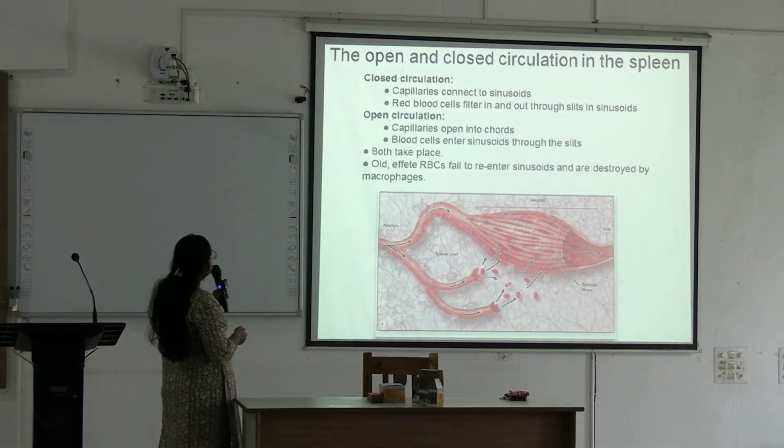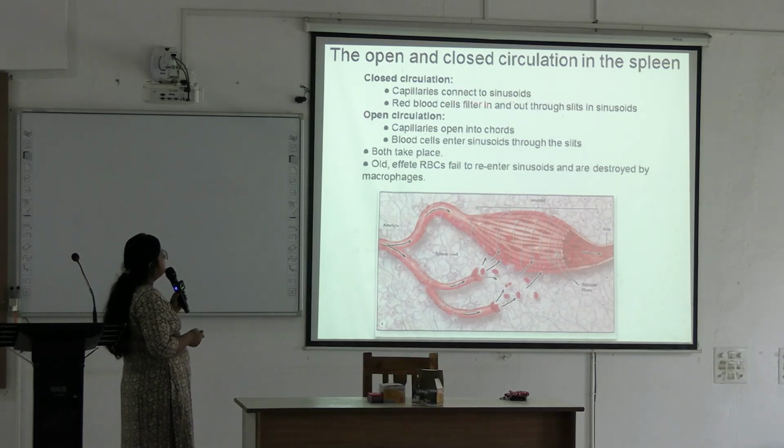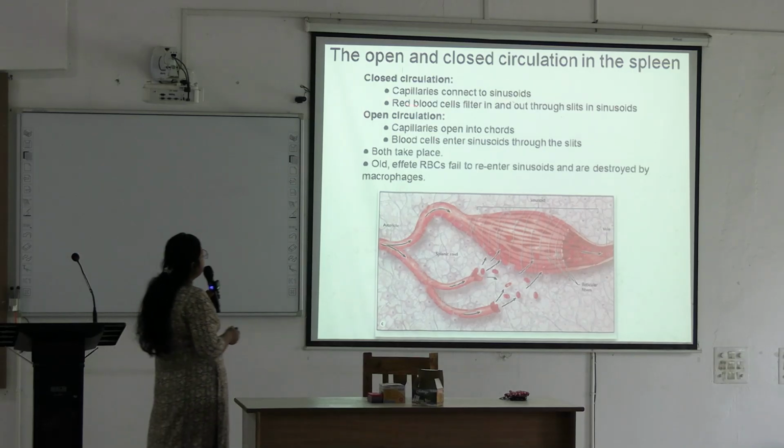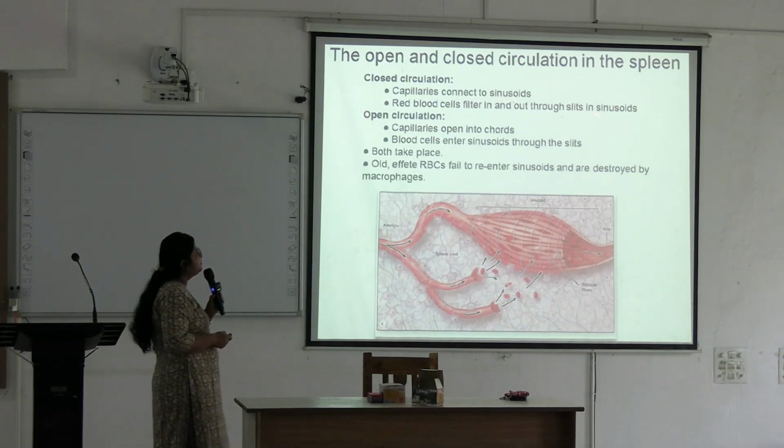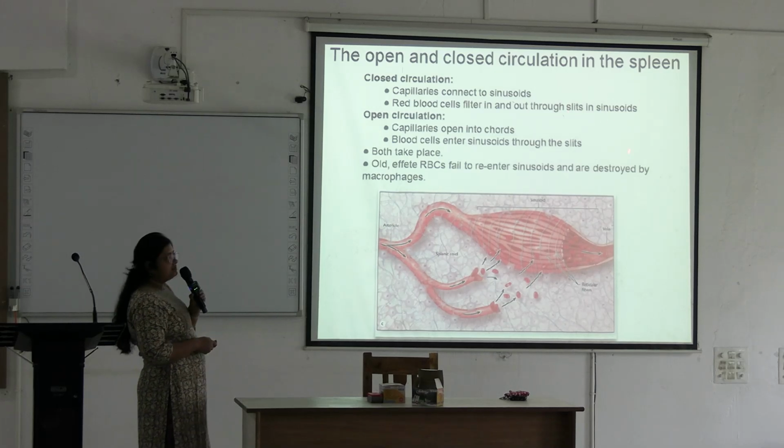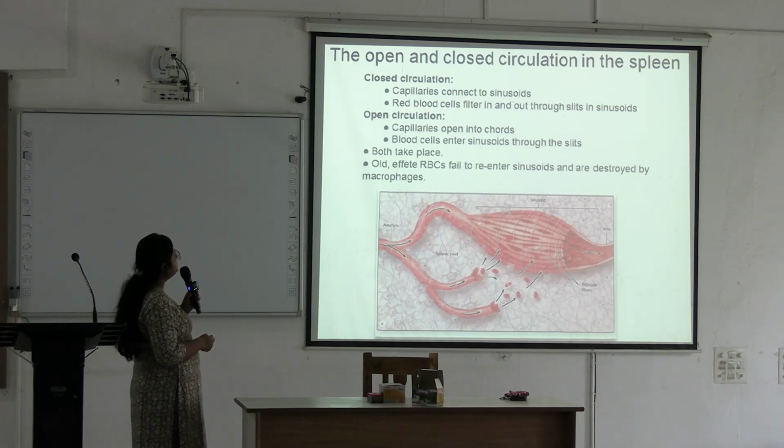So closed circulation: capillaries connect to sinusoids. Red blood cells filter in and out through the slits in the sinusoids. And in open circulation, capillaries open into the cords and blood cells enter into the sinusoids through the slits.